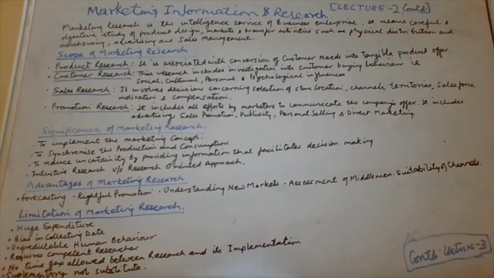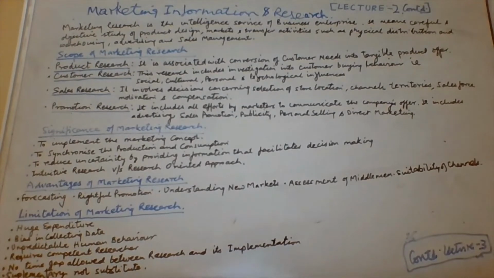And when we talk about uncertainty, it is closely related with the high risk involved in any business organization. Therefore it becomes very important to get the information to facilitate decision making. It is only then that the decision making becomes much more appropriate, if the information is provided, as I earlier said, in time to the decision maker.